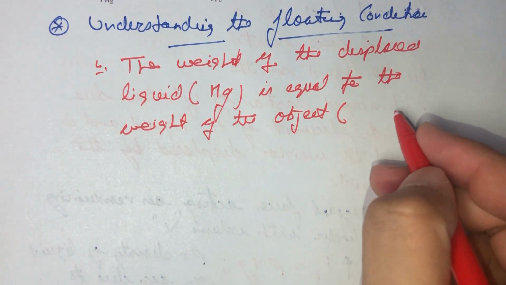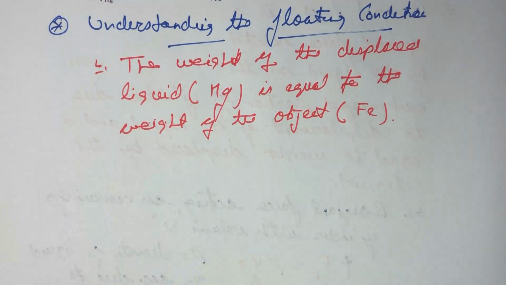Here object is iron, so let us call it Fe.